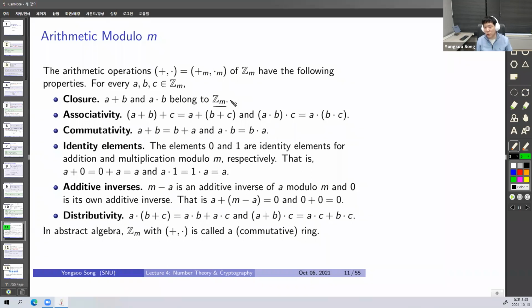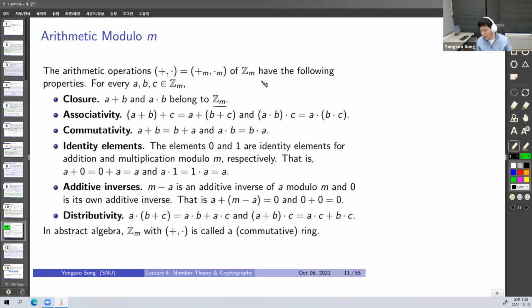So if you add two elements of Z_m and take modulo m, that's definitely going to be another element in Z_m. It also satisfies the associativity law and commutativity law with respect to addition. And there exist identity elements with respect to addition and multiplication.